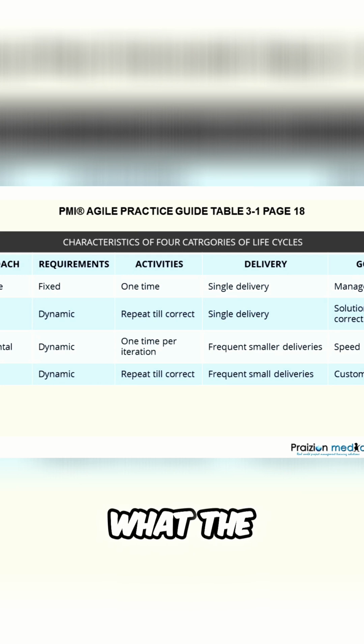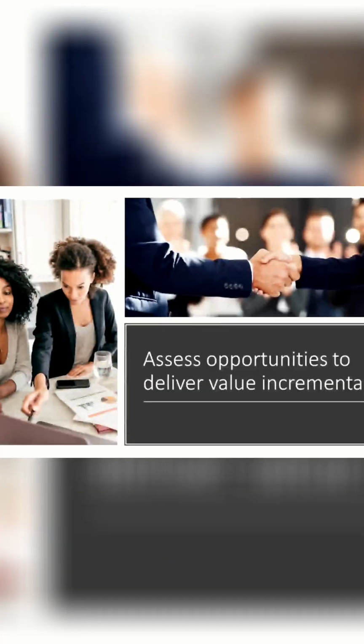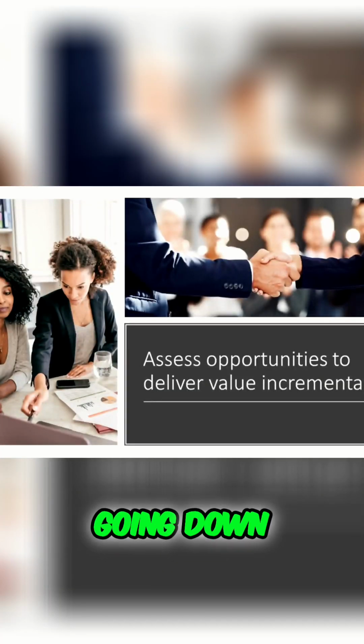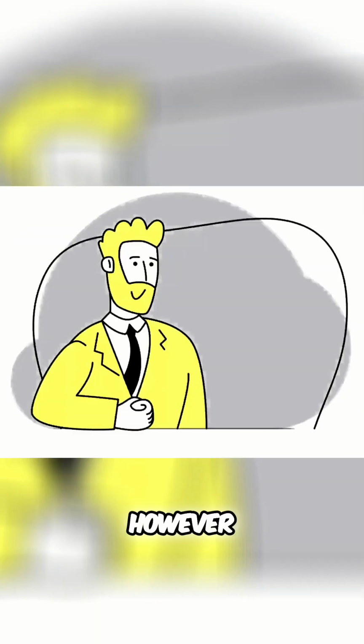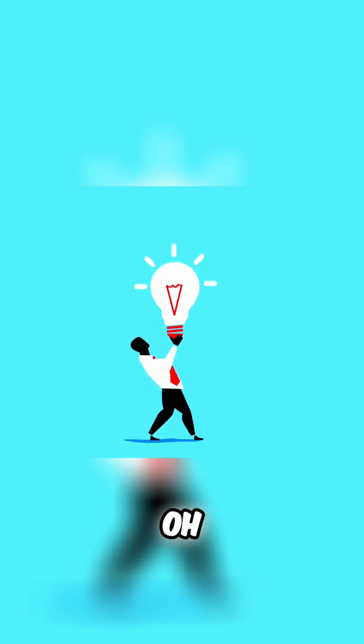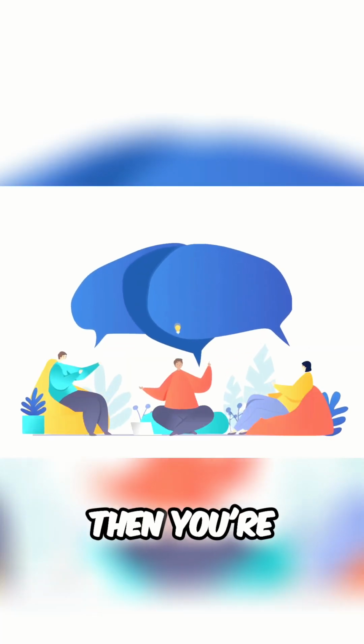So what the PMI is saying here is you need to assess the opportunities to deliver value in increments. And if you are going down an iterative path purely, that is not going to cut it. However, if you decide, oh, we can use Scrum or we could use Kanban, then you're talking about delivering value incrementally. So that's the very first one.